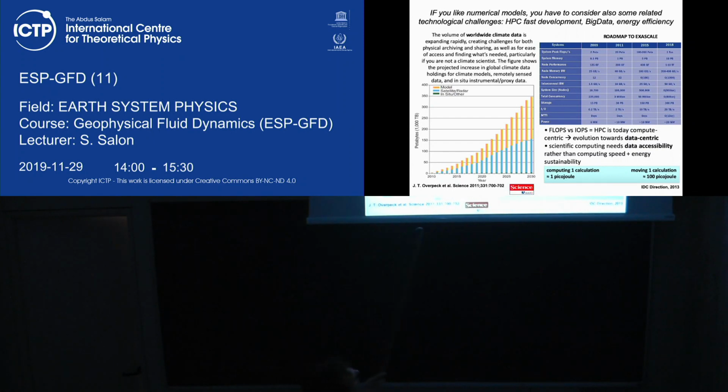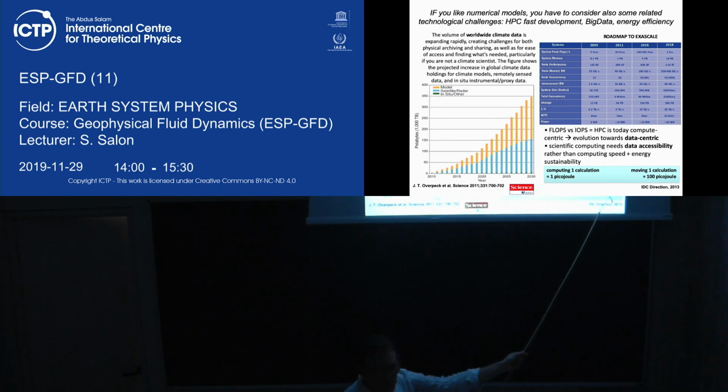And there is another important aspect that you may consider, the fact that today we are not only talking about flops, which is floating point operations per second, but also IOPS, so input-output operations per second. And since the amount of data is going to increase, the quantity of IOPS will also increase. The problem is that, energetically speaking, when you compute something, it costs something like 1 picojoule.